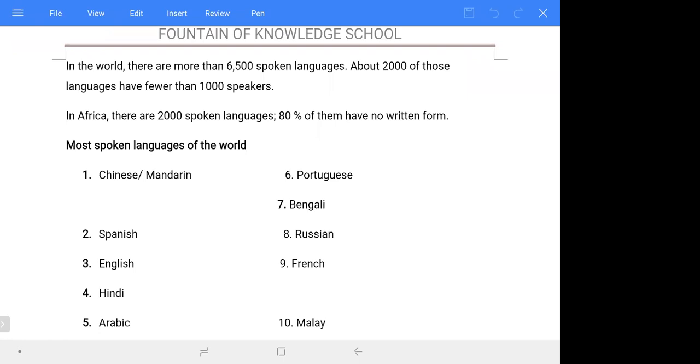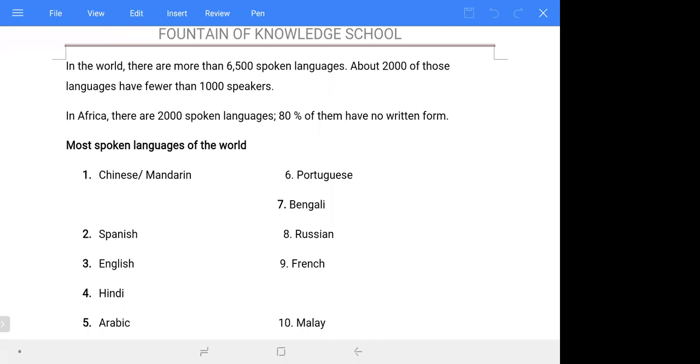Some may have one, others at a family level, others only at a clan and tribe level, yes? So 2,000 of the 6,500 world languages have fewer than 1,000 speakers.